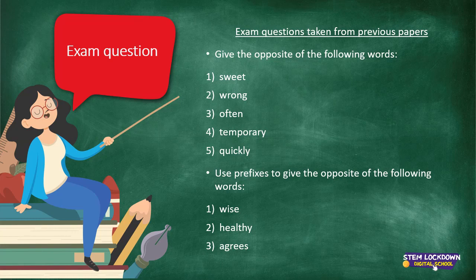And then for prefixes, they ask the question very similar to how they would ask synonyms and antonyms. They will say, use prefixes to give the opposite of the following words. So you already know that once you add prefixes to these words, they will give you the opposite meaning or the opposite word.